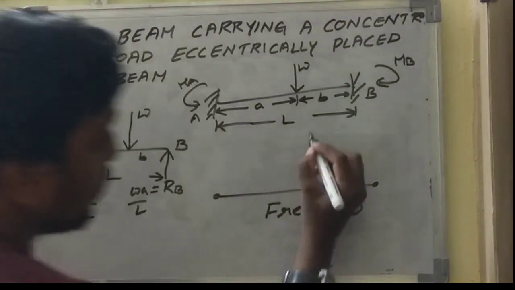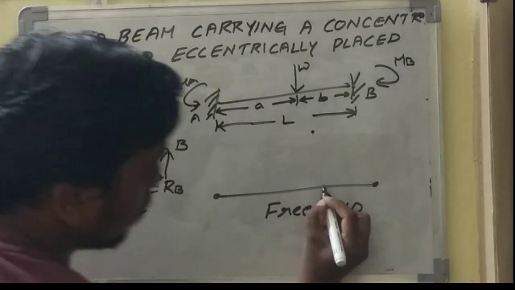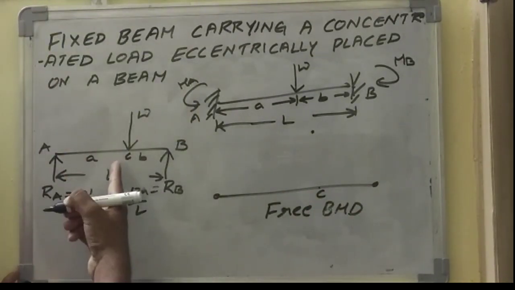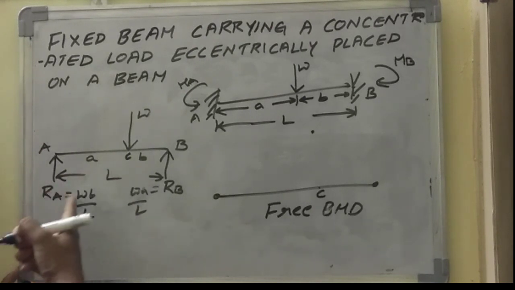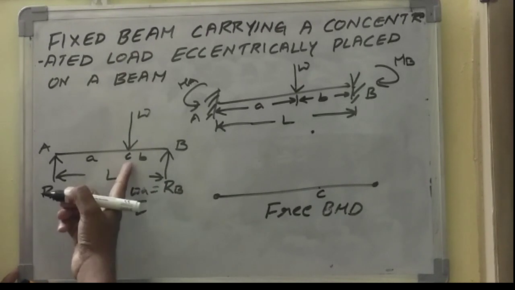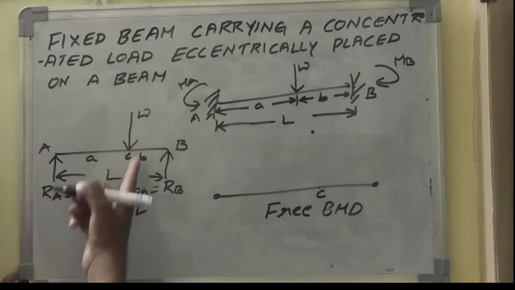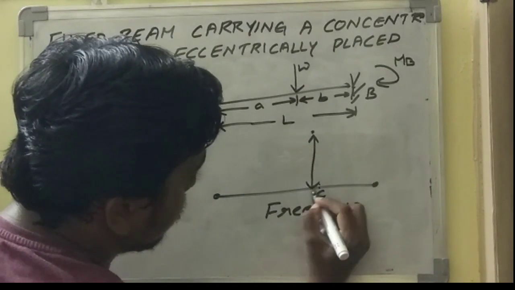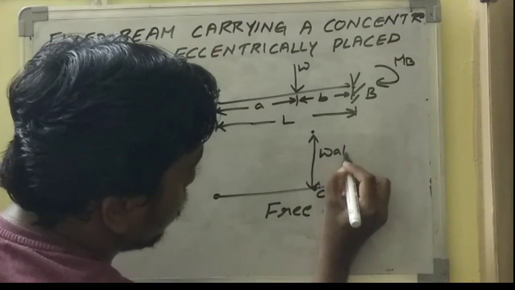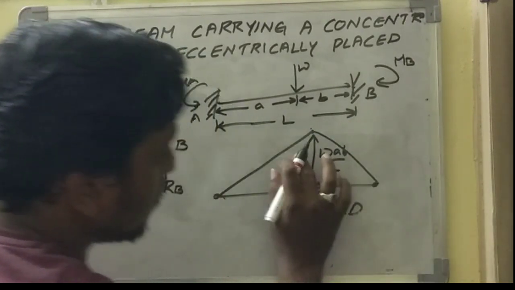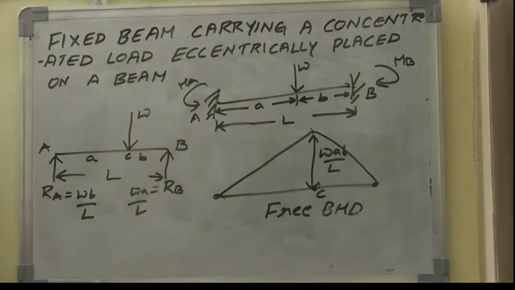And what about this point? If I am coming from this side, it means RA into distance, RA means WB by L into A. For example, if I am taking from this side, RB into B means WA by L into B. So if you take it like that, you will get WAB by L. So your altitude here is WAB by L. This is your free bending moment diagram.